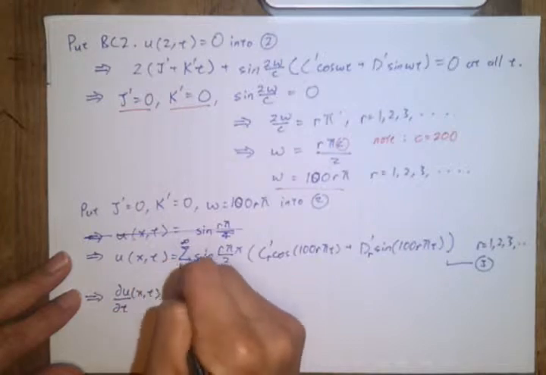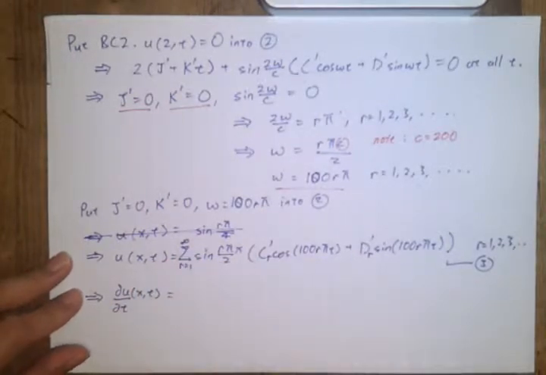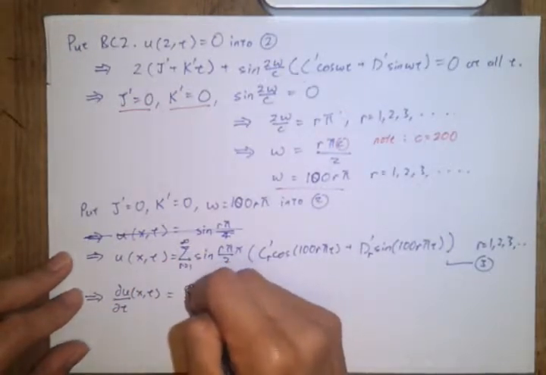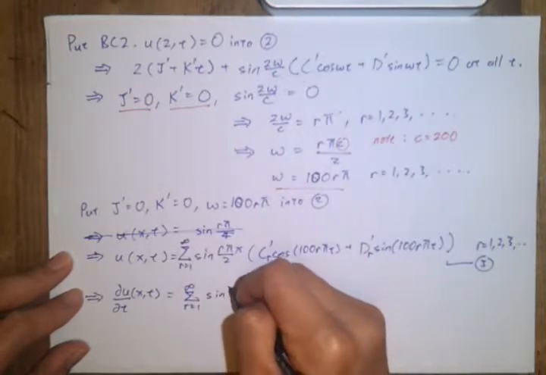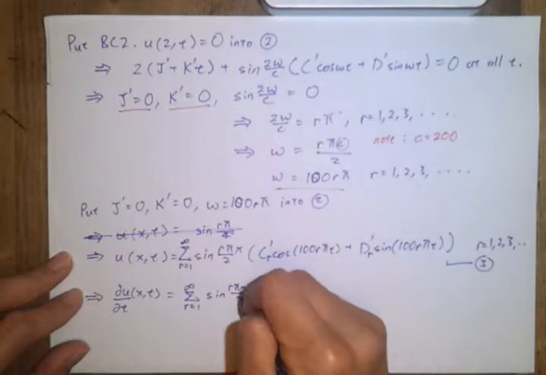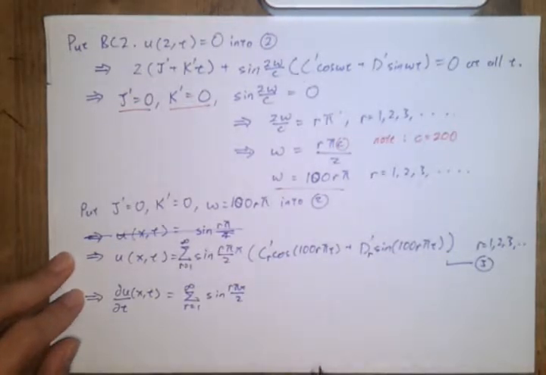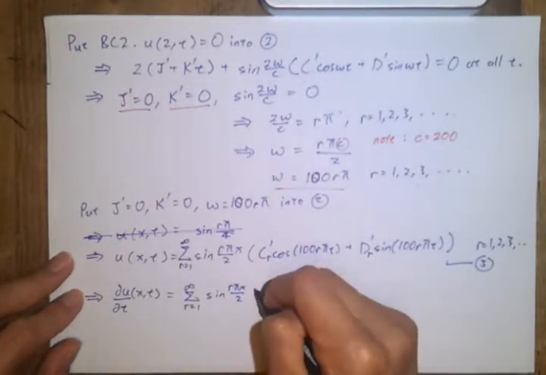I'm just going to differentiate with respect to t. The sine pi x has no t, so you don't need to differentiate. Now look at the term inside.